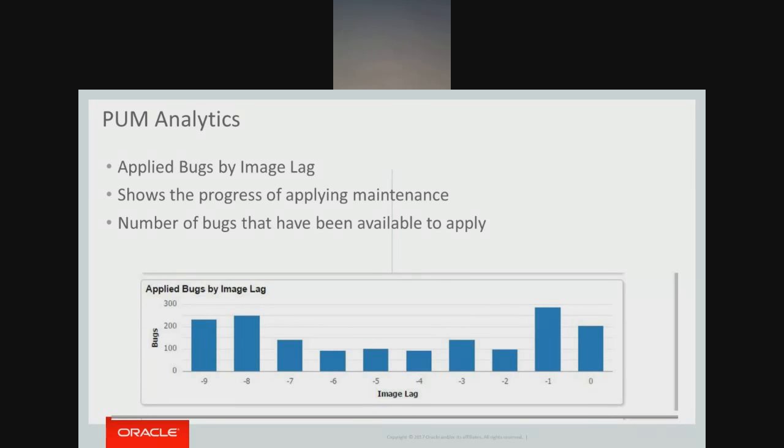So it's a way to keep track and see how selective you've been, or if you've been able to catch up on the enhancements and the patches that have been rolled out in the PUM updates.